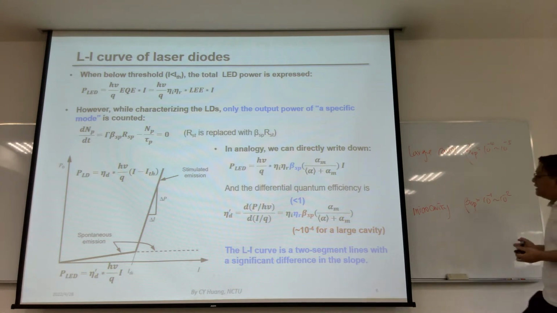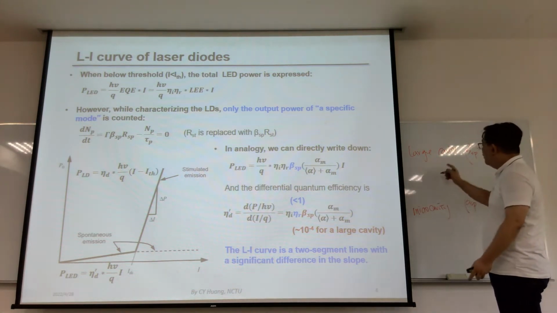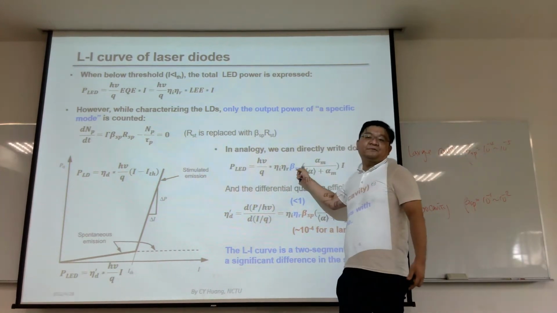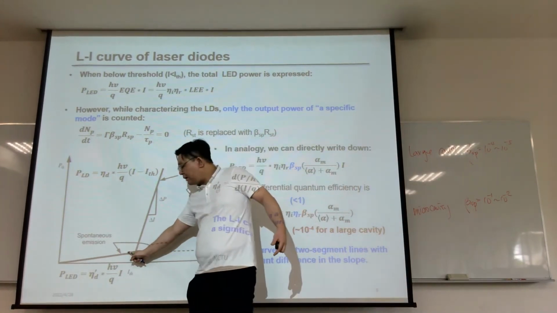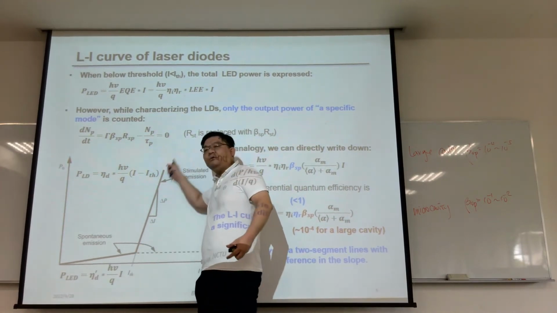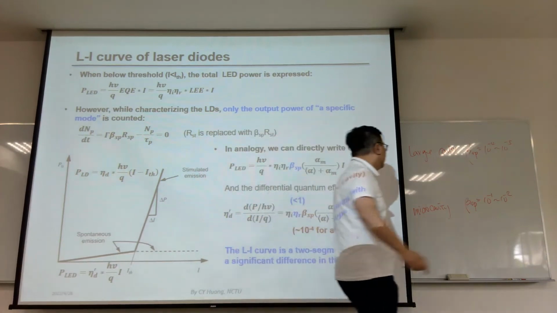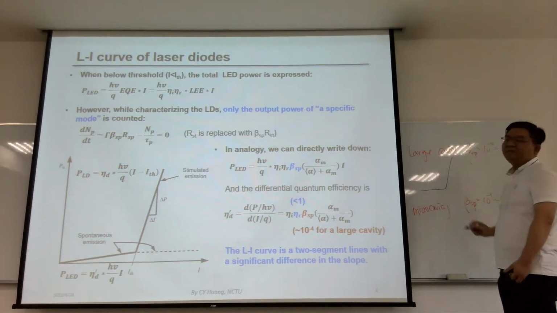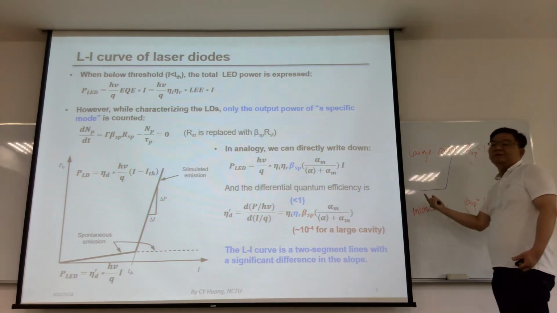So for a large cavity, the slope change of this part will be very significant. If this is 10 to the minus 4, that means the slope of this part is only 10 to the minus 4 times the slope after lasing. So it will show a very clear change, something like this, and this part is almost flat.